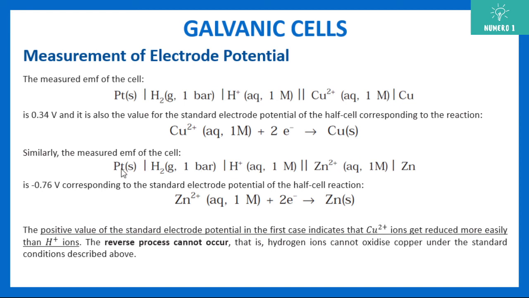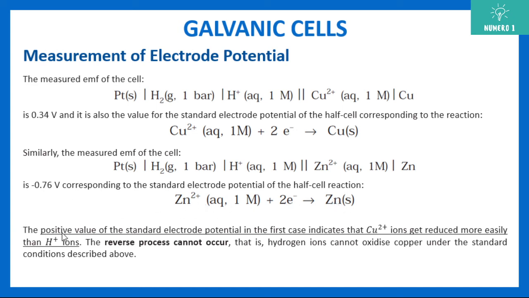In the same way, if you want to measure for zinc, you use Pt with the same standard hydrogen electrode, and zinc on the right hand side. For this cell you get a potential of minus 0.76 volts, corresponding to this reaction.